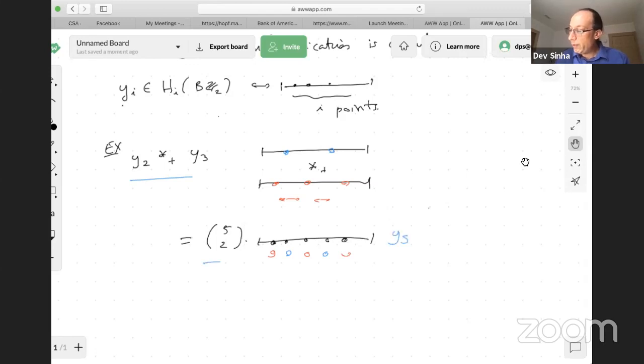This is y5. So in general, this is the definition of divided powers, that you've got a sequence of generators, and y_i star plus y_j is (i plus j choose i) y_{i+j}. So that's divided powers.